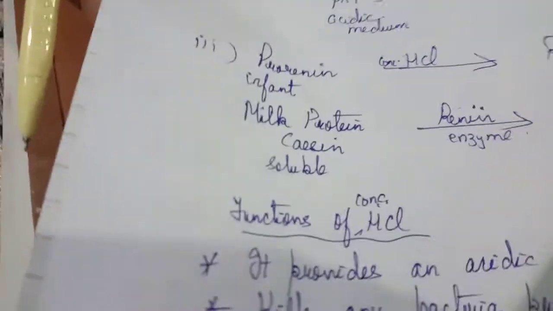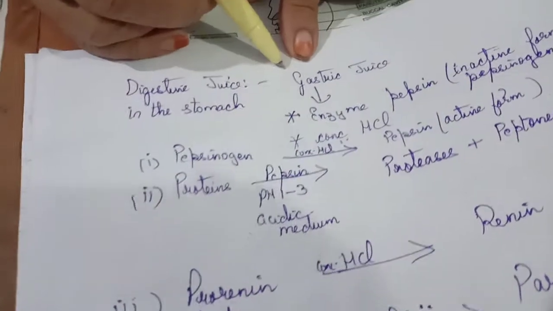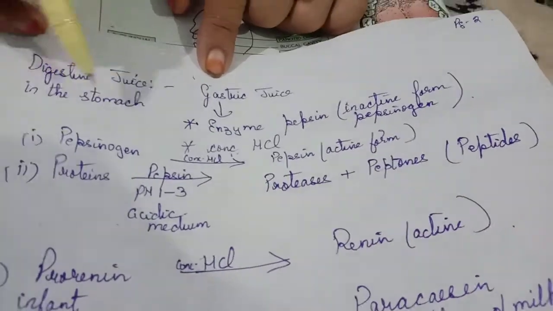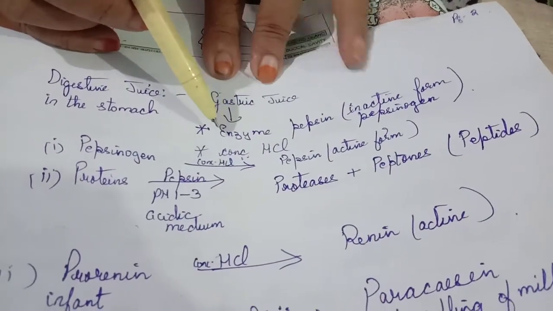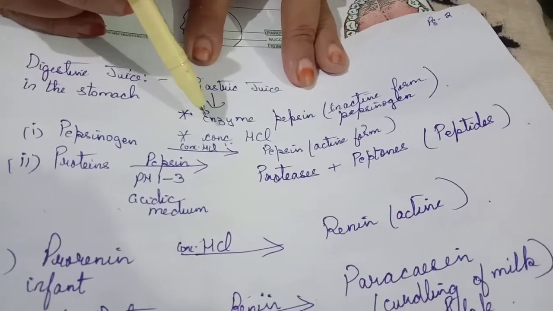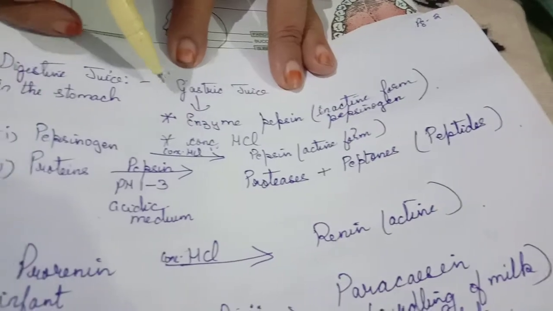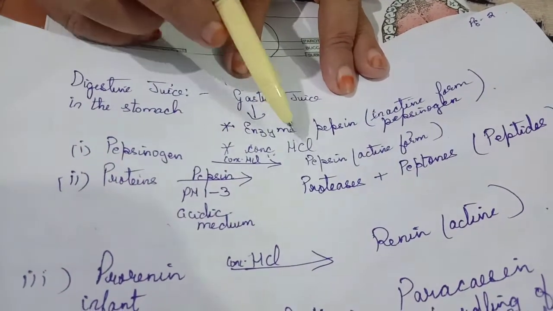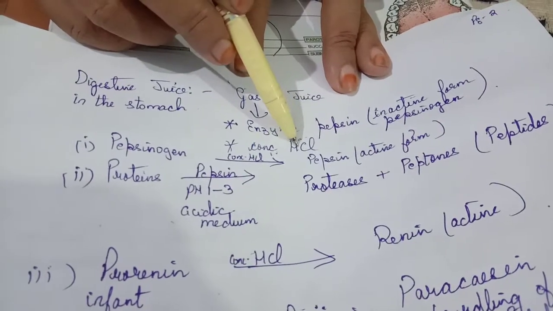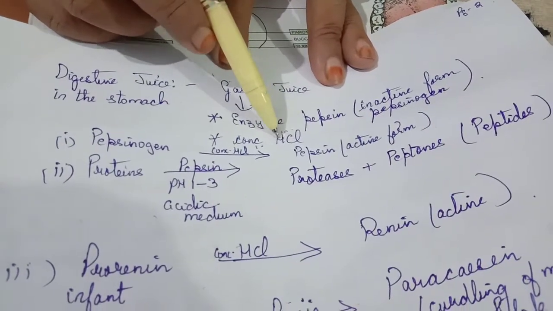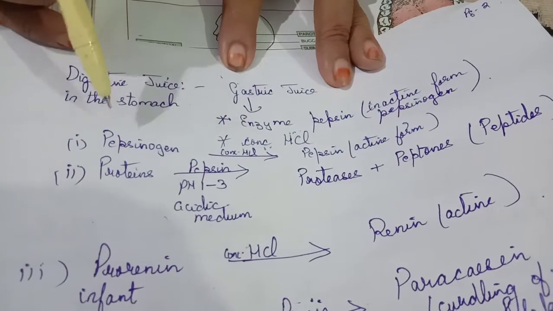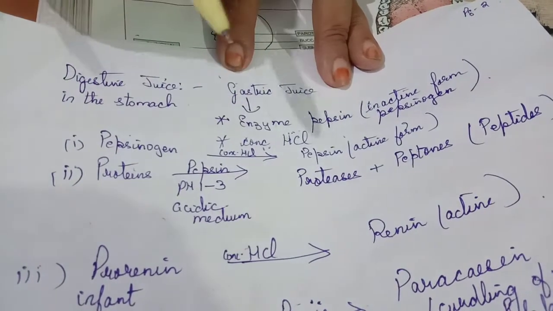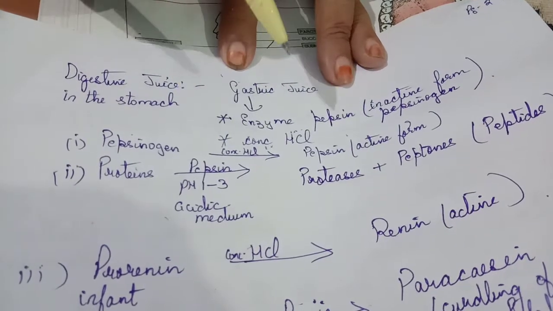See, the digestive juice contains the gastric juice secreted from the gastric gland, and the gastric gland also secretes concentrated HCl. Got it? What is the function of HCl? It makes the medium acidic and it converts inactive pepsinogen into active pepsin and prorenin into renin.